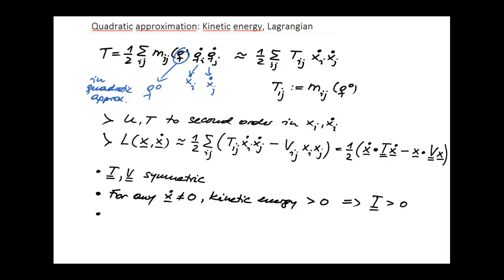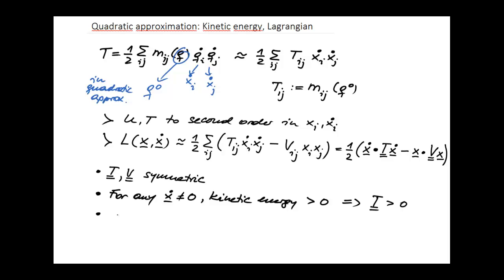And then finally, there's a similar statement that we can make about the matrix V, with an important assumption, however, that we need. If we assume that the equilibrium is stable, then the potential must have a genuine minimum at the equilibrium configuration. And then the matrix of second order partial derivatives must be strictly positive.